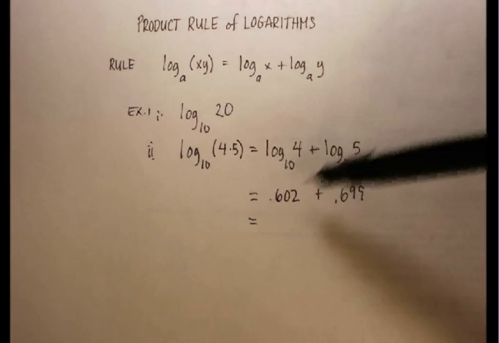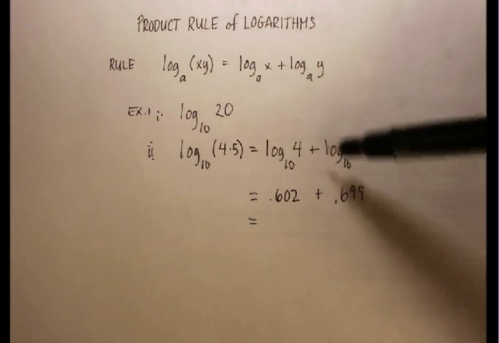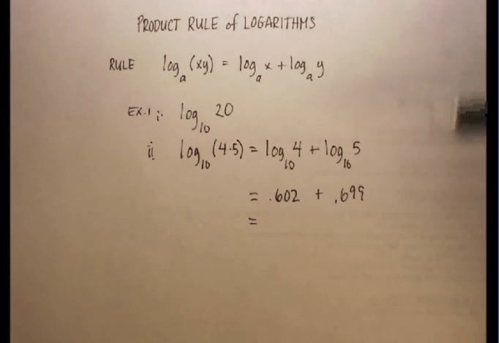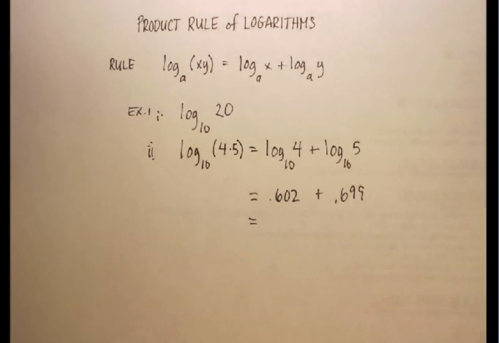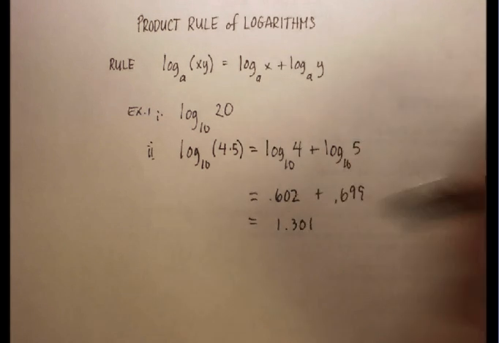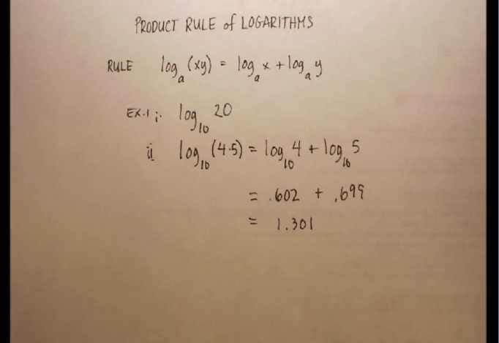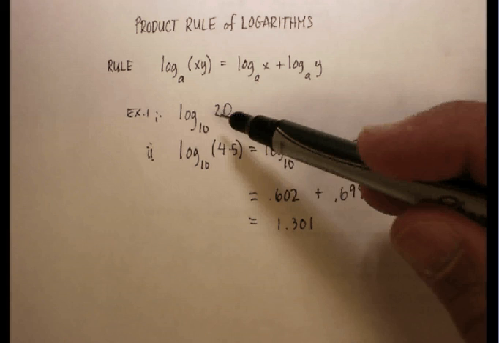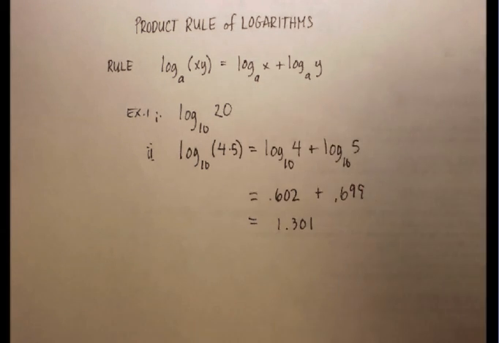So again, this rule says that I can add up the individual logs of the individual factors and get the log of the original number. And in this case, it's going to be 1.301.